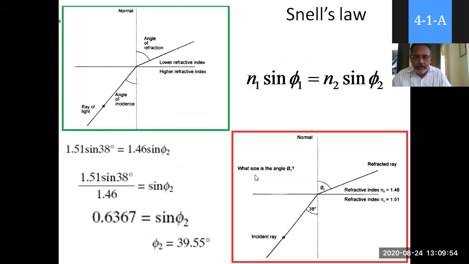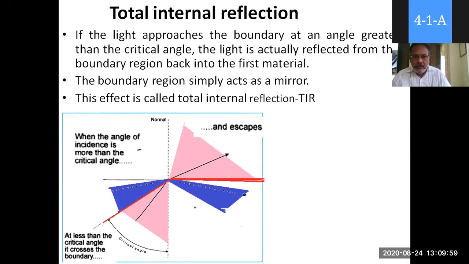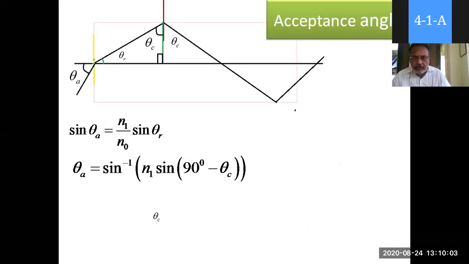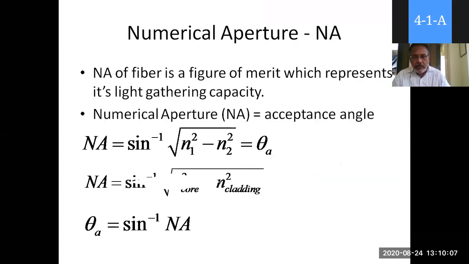So I think these are the topics which were discussed earlier. Acceptance angle. Yes, numerical aperture. Read out. What is NA of the fiber?